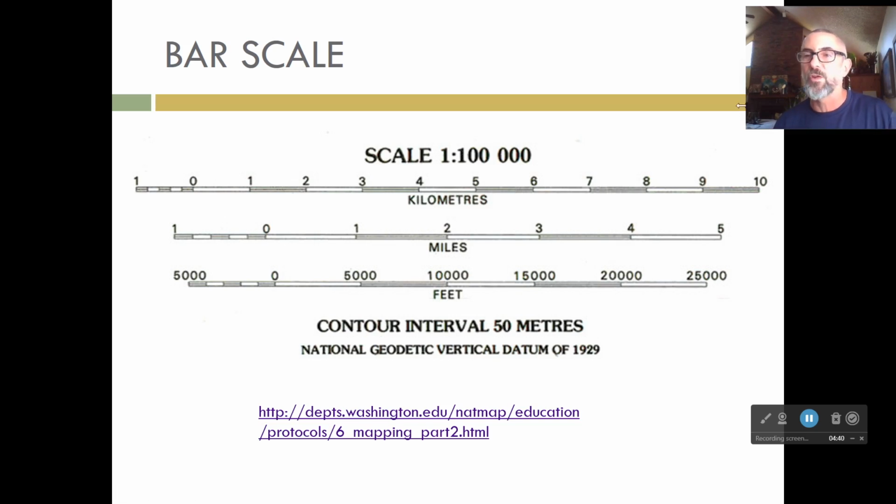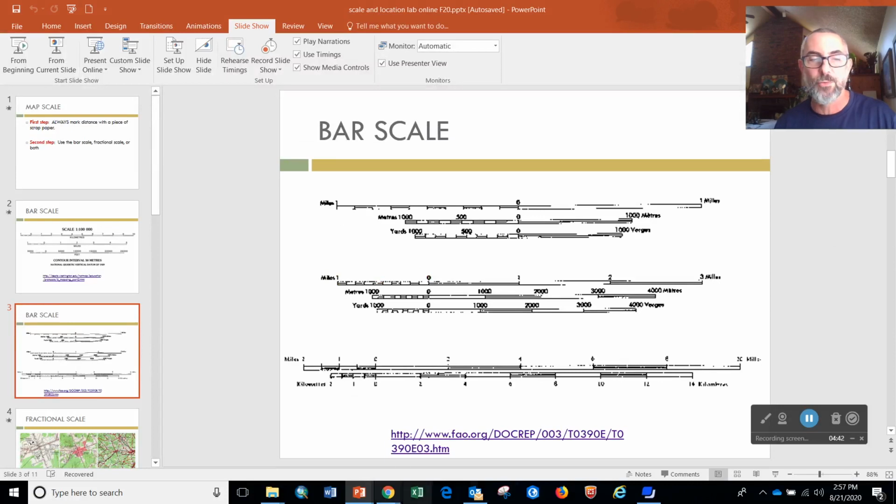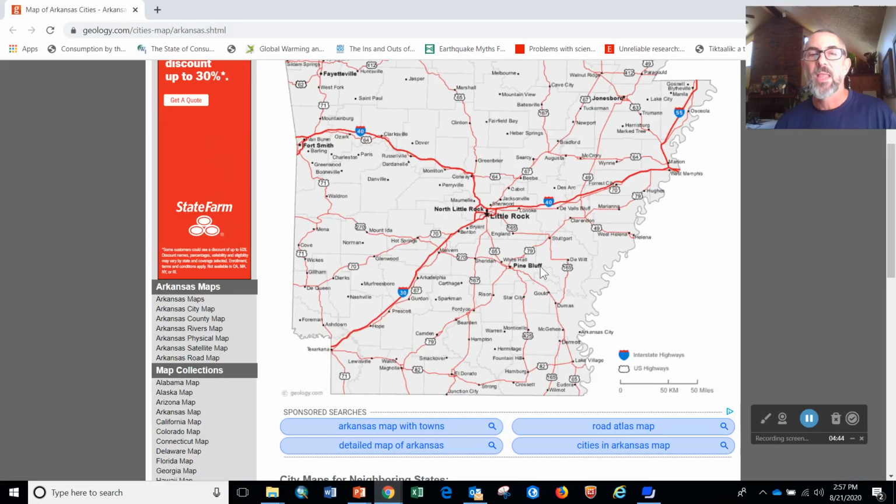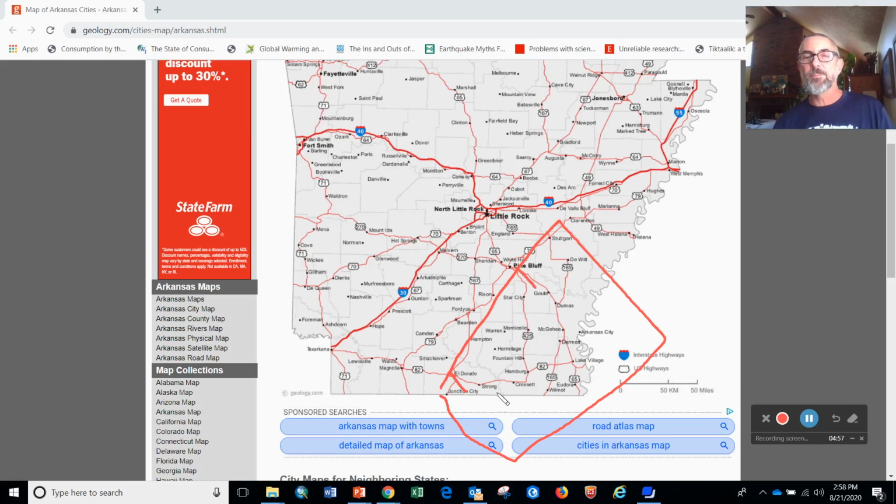It's fairly straightforward. Let's move back to the Arkansas map, and assume I had the piece of paper again. It's a smaller piece of paper, but it's still got the tick marks for El Dorado and Pine Bluff. I'm simply going to pick up this piece of paper and scoot it over to the bar scale, put one tick mark on 0, and read off the distance.